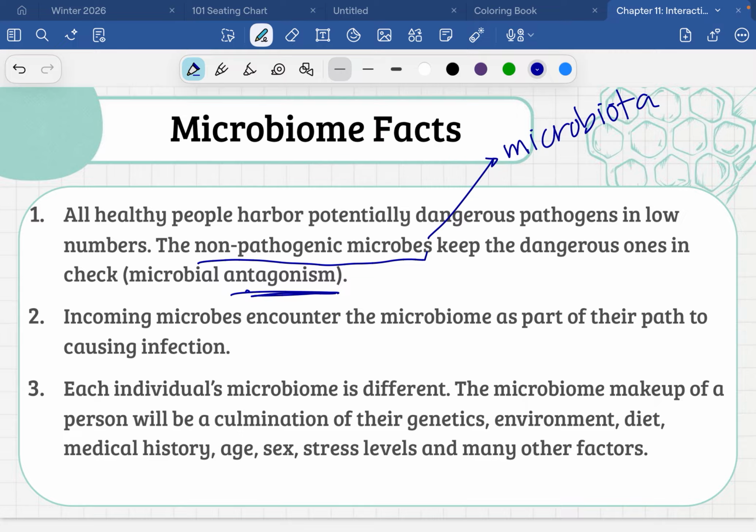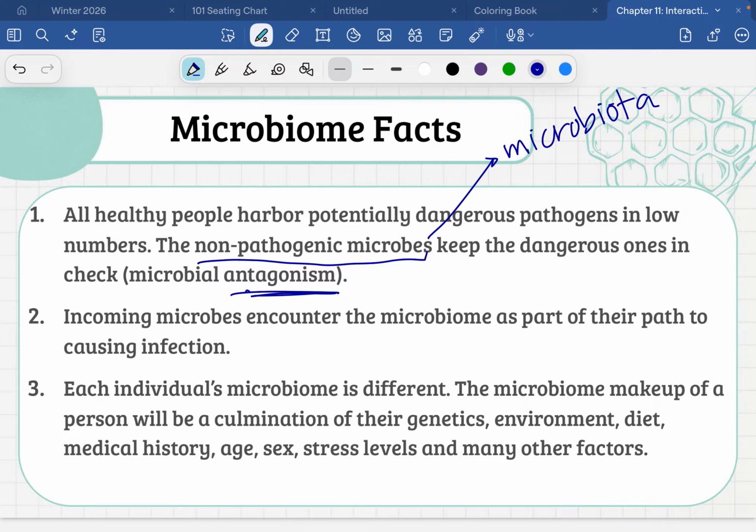People living in the same environment, so people in the same families, people who spend a lot of time living in the same house, eating the same food, being in the same environment, will have similar microbiomes. Like my microbiome is probably more similar to my husband's and child's than it is to any of yours, right? Because I spend time with them. We eat the same food. We live in the same environment. We breathe the same air most of the time. But you guys, we don't.